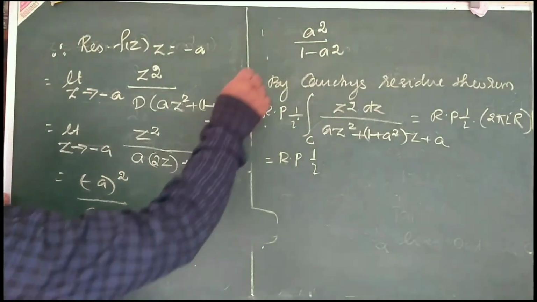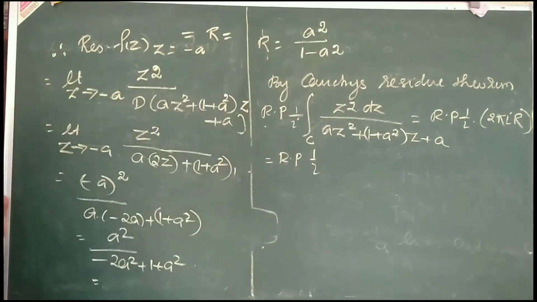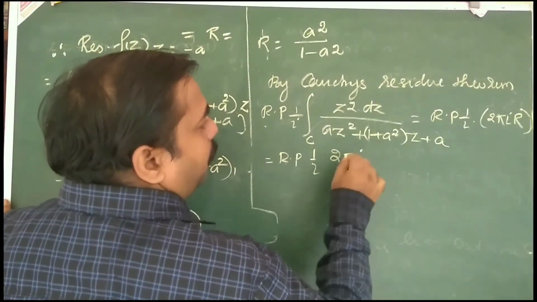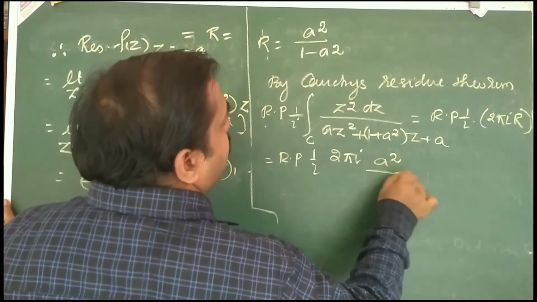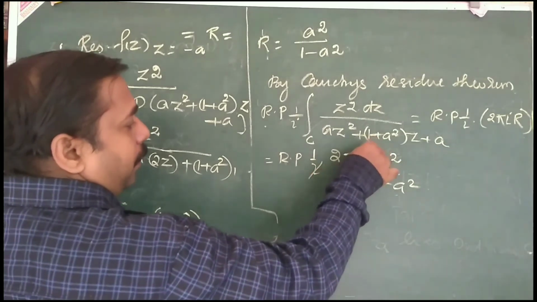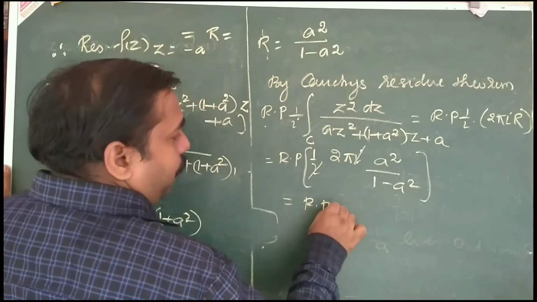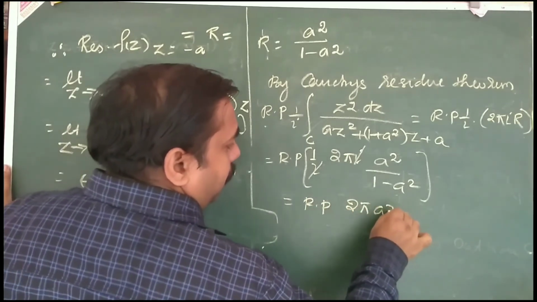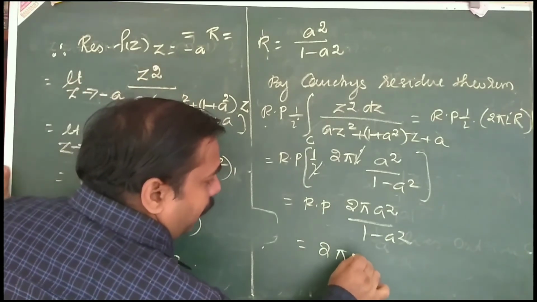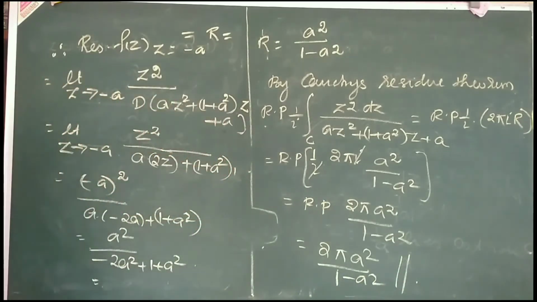So R is equal to this one. So that is 1 by I into 2 pi I into R, where R is a square by 1 minus a square. So this I cancels. So that is real part of 2 pi I into a square by 1 minus a square. This is our answer.